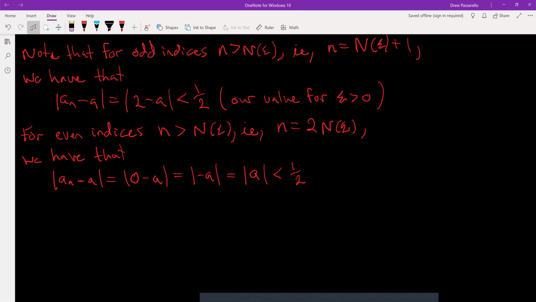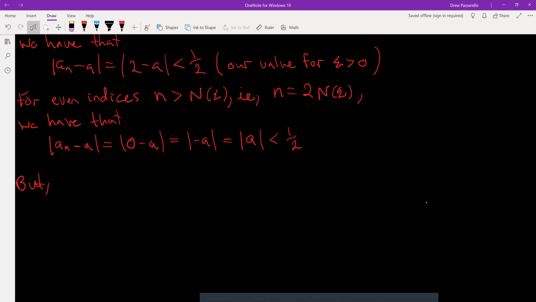Okay, so we have those assumptions, so this is where we're going to get our contradiction. But 2 equals the absolute value of 2, which equals the absolute value of 2 minus a plus a. And then that, by triangle inequality, is less than or equal to the absolute value of 2 minus a plus the absolute value of a.